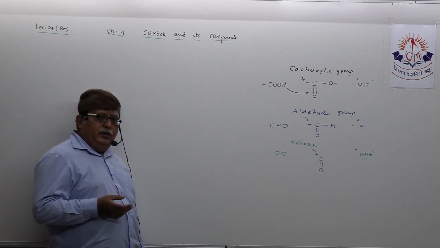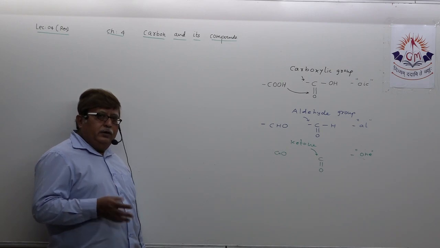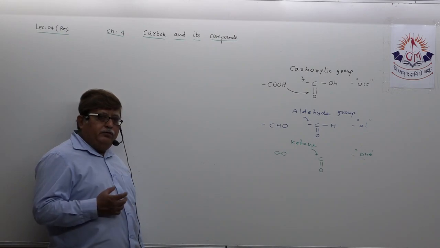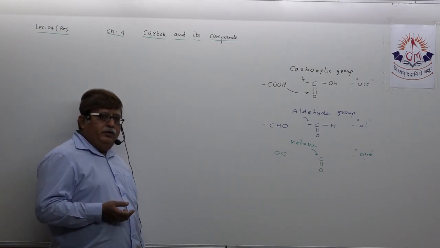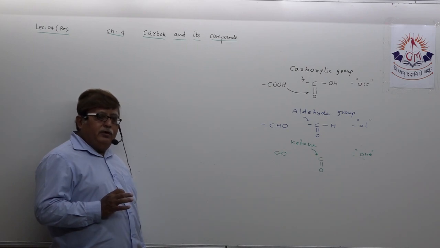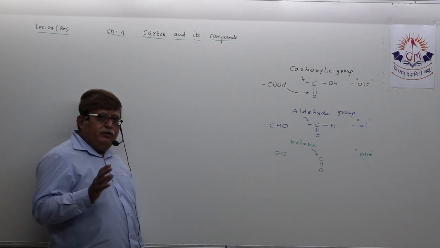Now, we are moving ahead in our practice session of naming some other organic compounds consisting of different types of functional groups except halides and OH. Halide group and hydroxyl group we have practiced so much.